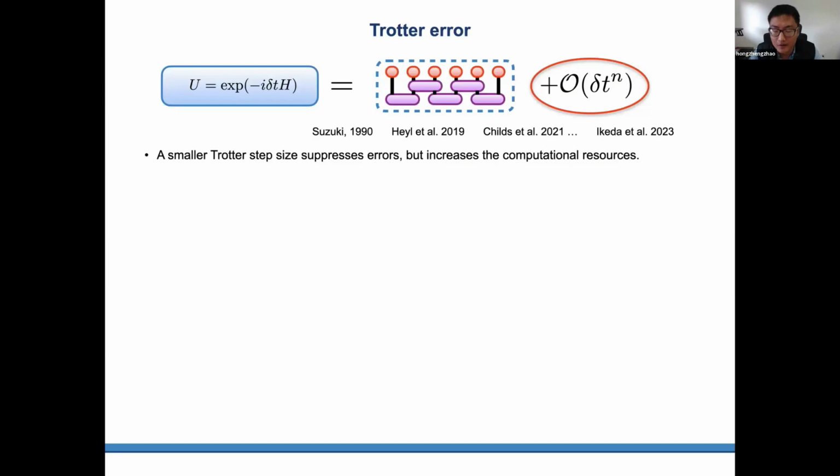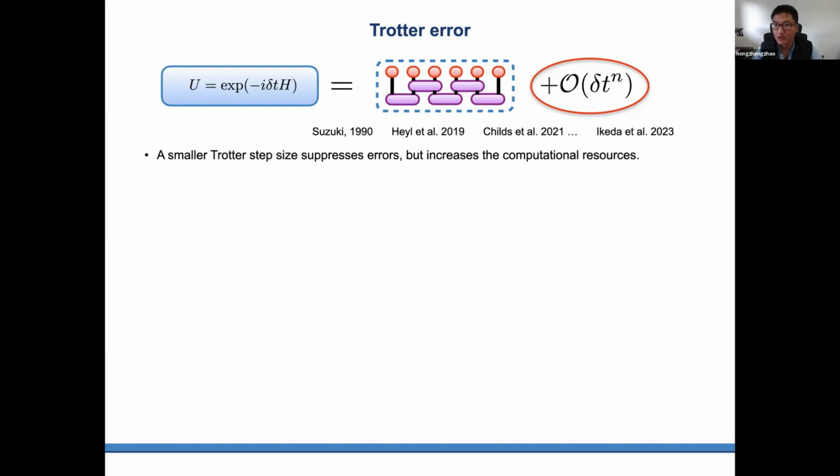Just like many other approximation methods, this Trotter decomposition is approximate, which means you do have errors. Normally we call this Trotter error, and this is a very active field where people try to understand the optimal decomposition of the target unitary, and how the Trotter error scales versus the step size delta t.